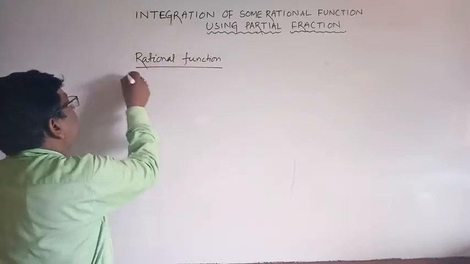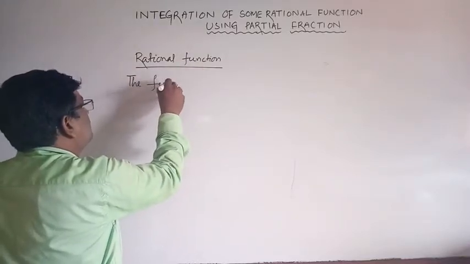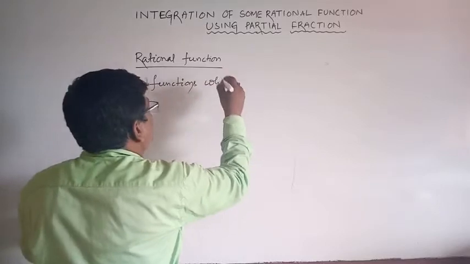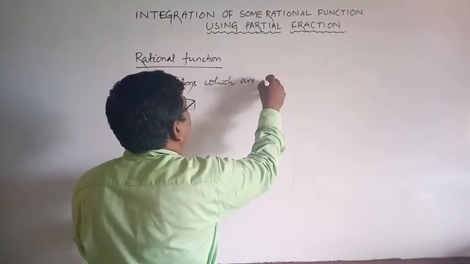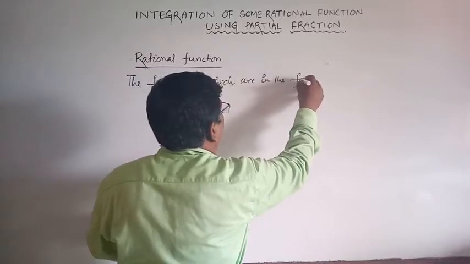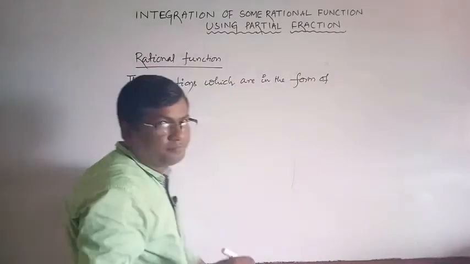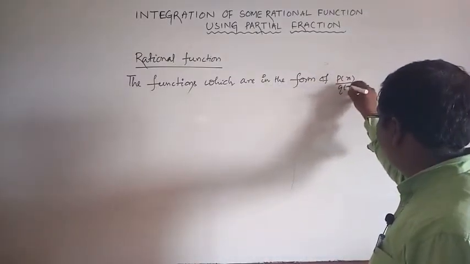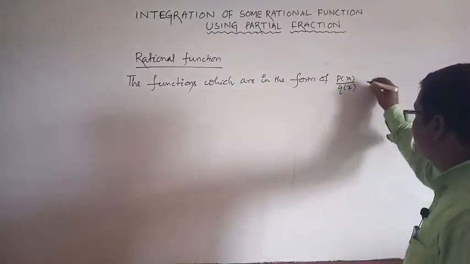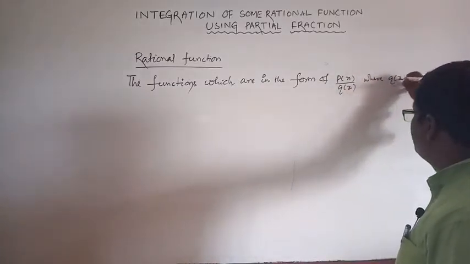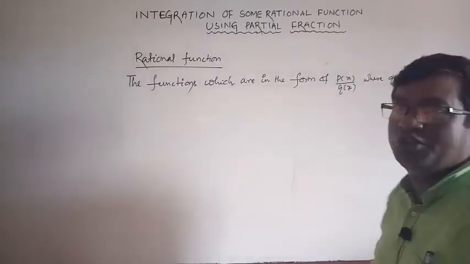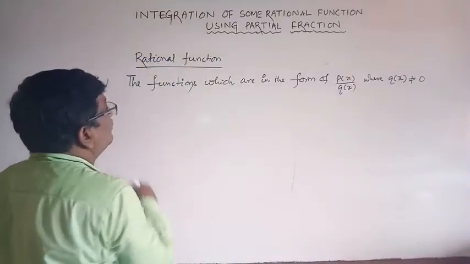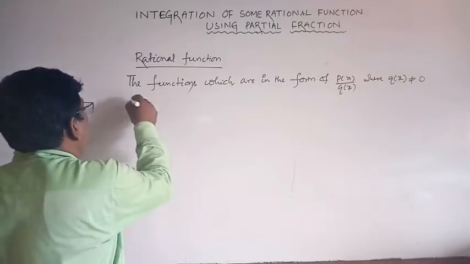The functions which are in the form of p of x divided by q of x, where q of x is not equal to 0, are called rational functions.